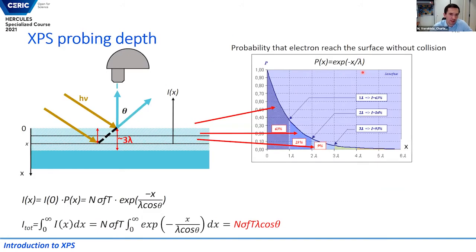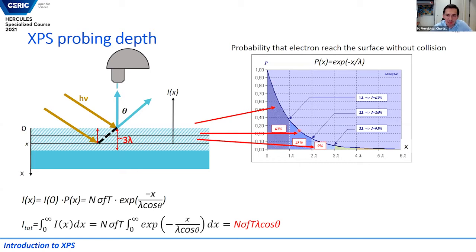As I said before, lambda is an important parameter. This is the mean free path of an electron inside the material. This path depends very much on the energy of the electron. It is important to know this parameter because usually the signal comes to the surface from a depth equal to 3 lambda.